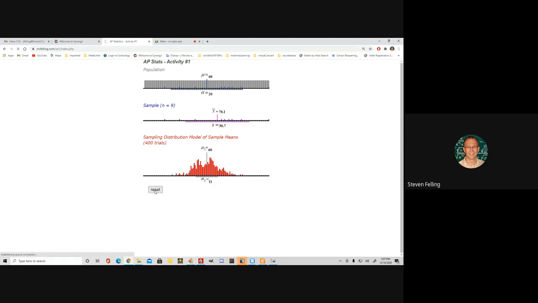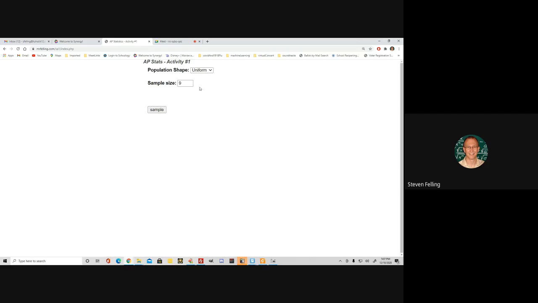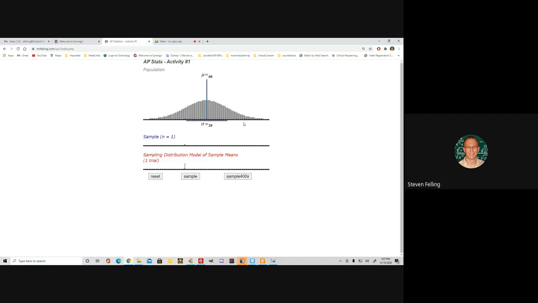And if we were to sample out of a population that we already know is normal or believe it's normal, then I could go all the way down to a sample size of only 1. And if I take that sample, then the sampling distribution model is going to be normal because it's sampling right out of a normal distribution, right?